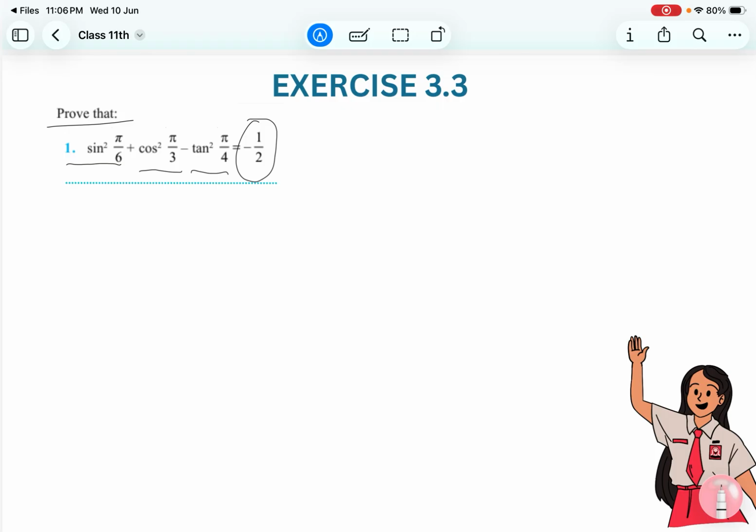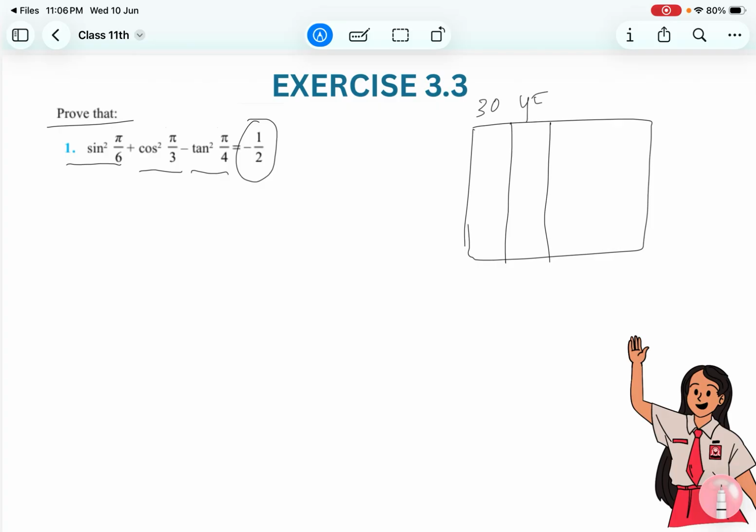First of all, we all know the values of sine, cos, tan for 0 degree, 30 degree, 45 degree. If you don't know, let me tell you quickly. We will skip the 0 degree because we don't need it as of now. So this is 30 degree, this is 45 degree, 60 degree, and we also don't need 90 degree. This is sine, this is cos, and this is tan.